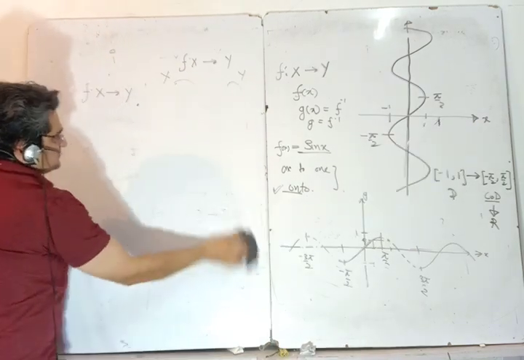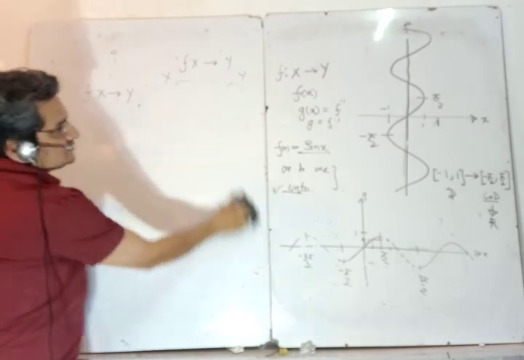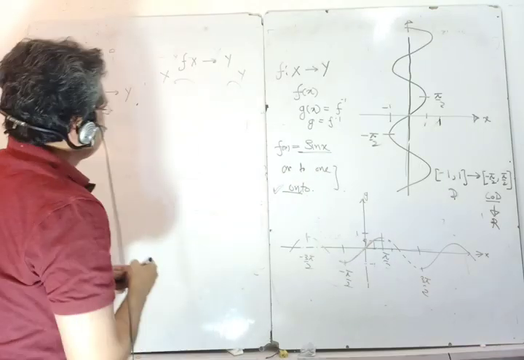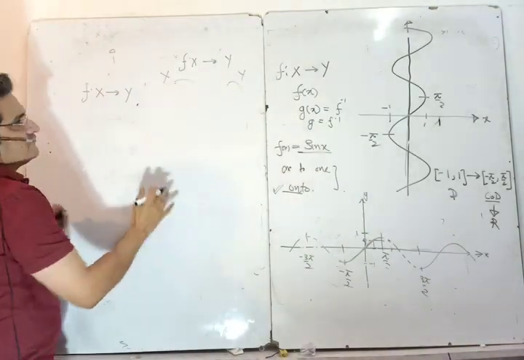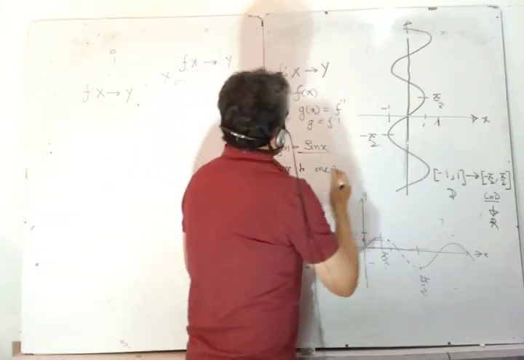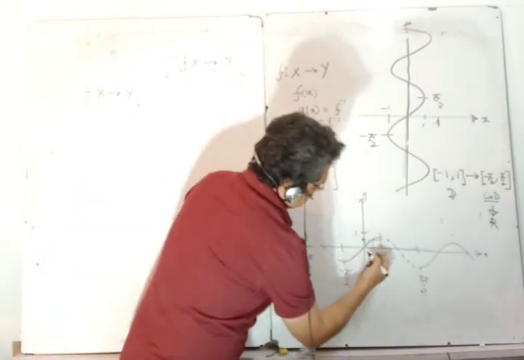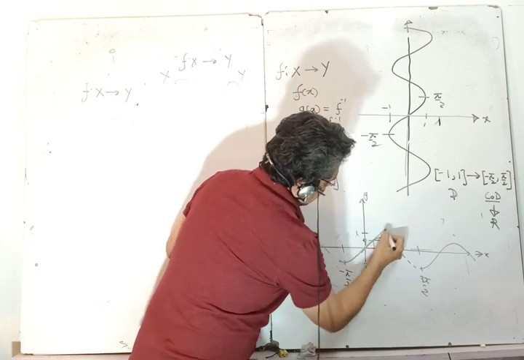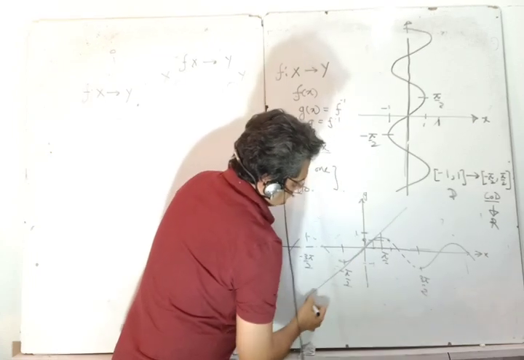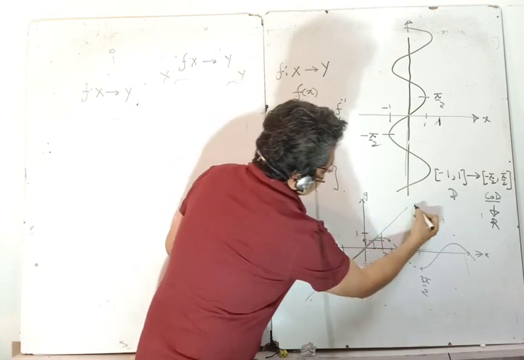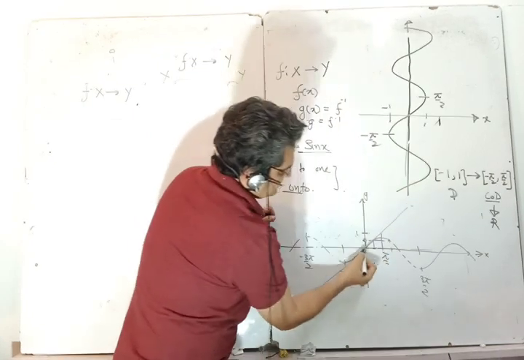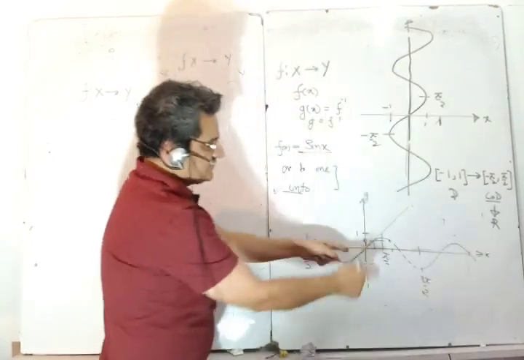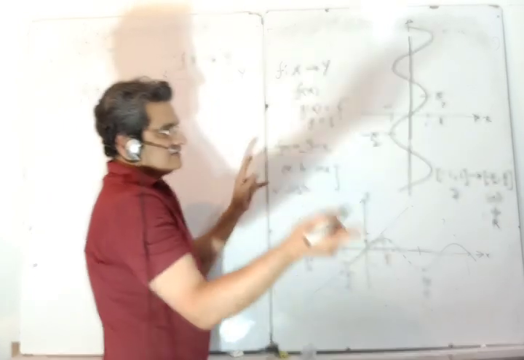Now, how to draw the inverse function? One way of drawing the inverse function is that if this is the sine function, I draw a line like this. I am saying I draw a tangent here, but it happens to be touching here by default, not by design.